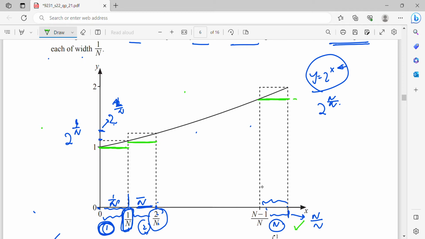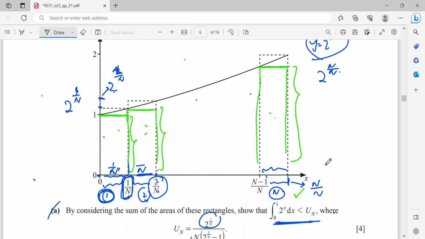This will be the height, then here will be the height, and this is going to be the height. If you refer to the green color now, obviously the sum of the area of the rectangles will always be less than the area of the graph. That's why the total area of the rectangles becomes the Ln, the lower bound.